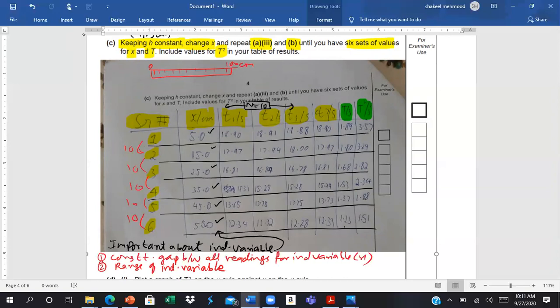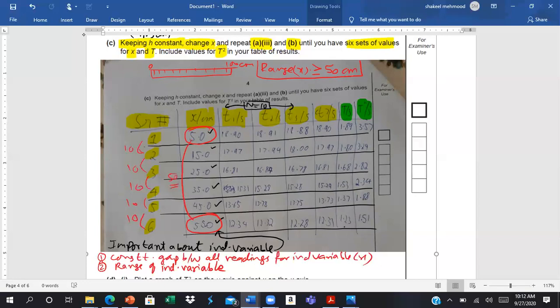Okay, so for x your range should be at least half of your meter rule. That is, it should be greater than or equal to 50 centimeters, right? So how can you determine that your range is correct? Look, what is the least reading? It is 5 centimeters. What is the maximum reading? It is 55. So just subtract them. When you subtract them, your answer is 50.